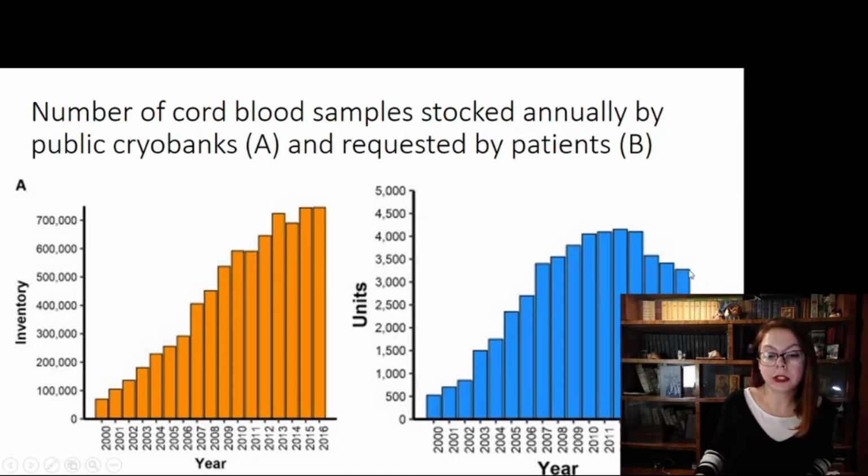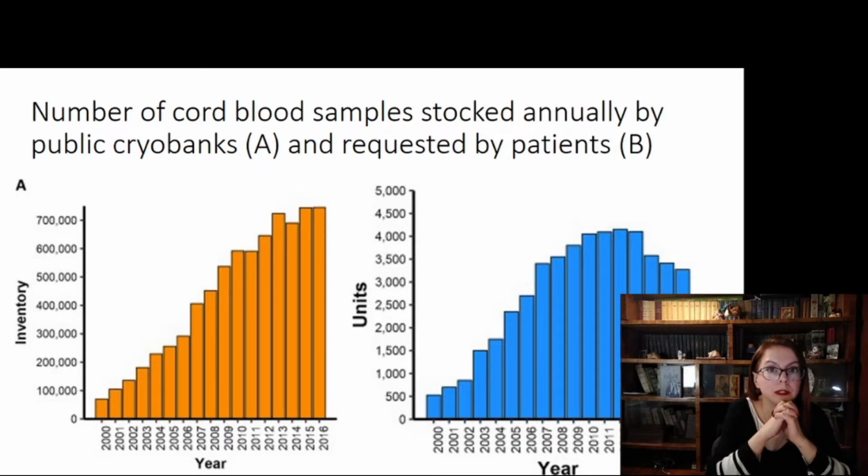And during the last years, we can see a decline in the demand. Why? Because in the last several years, the procedure of obtaining stem cells out of adult bone marrow was facilitated significantly. So nowadays, the cost of adult hematopoietic stem cells is less than the price of the umbilical cord blood stem cells.